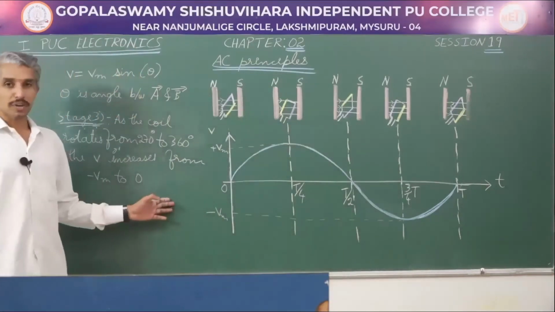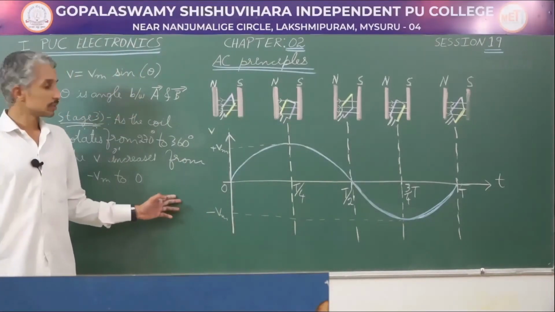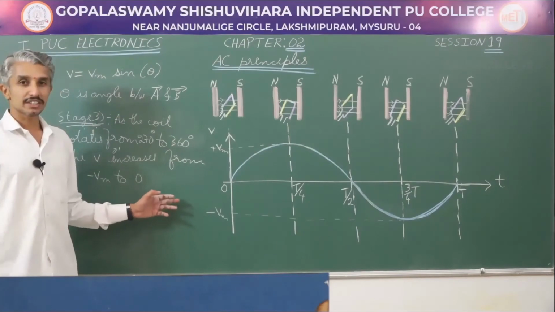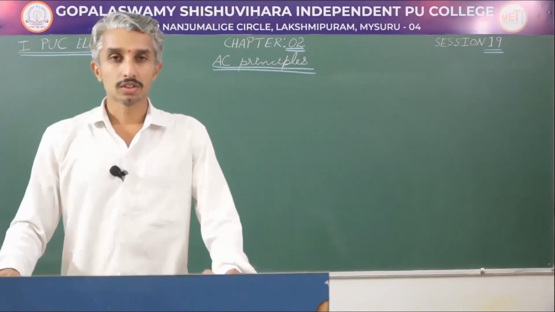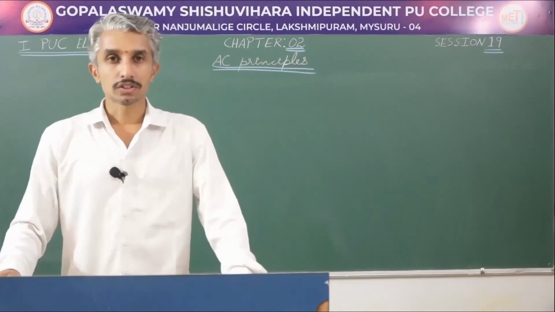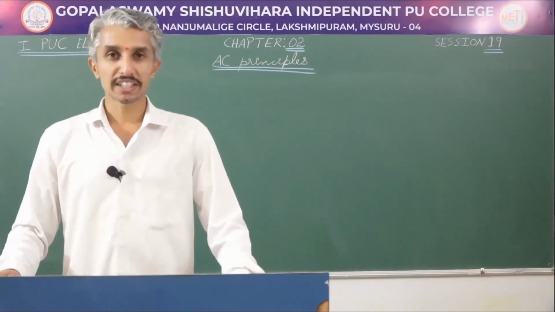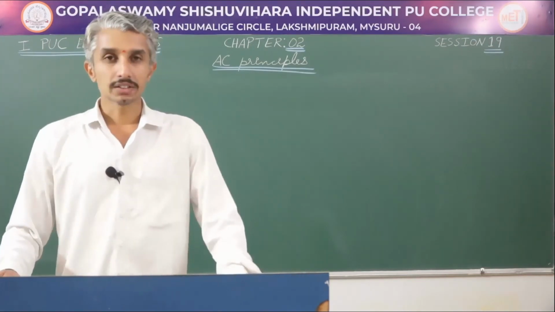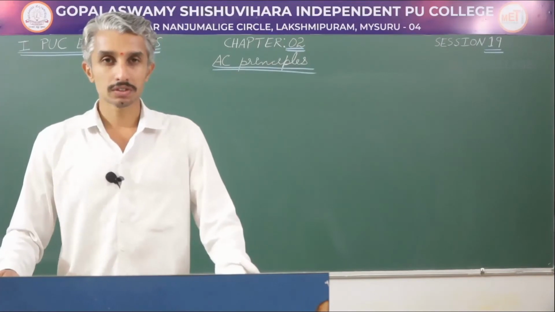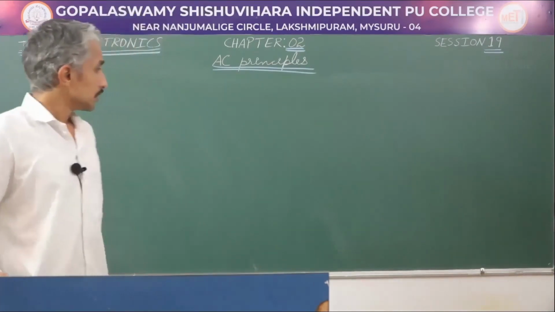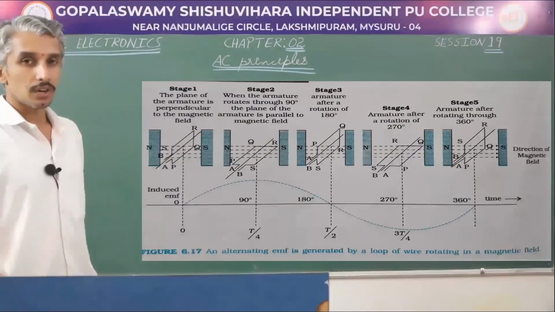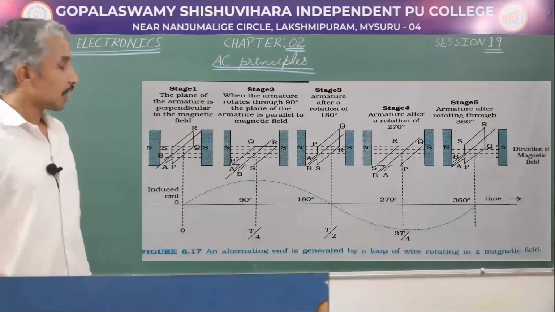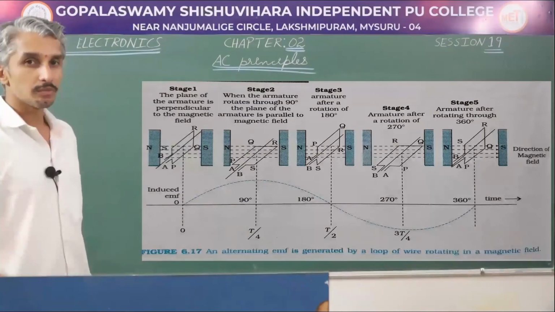In this manner an AC voltage is generated in an AC generator. The details of AC generation, or the principle of electromagnetic induction, are very well defined in your second PUC physics. There you have this picture which shows the variation of alternating voltage as the coil rotates in a magnetic field. The same was shown earlier.